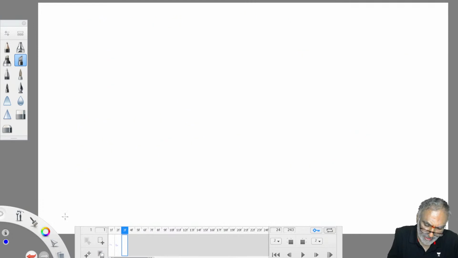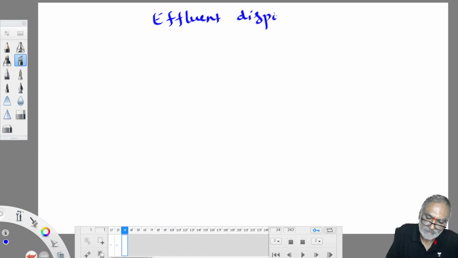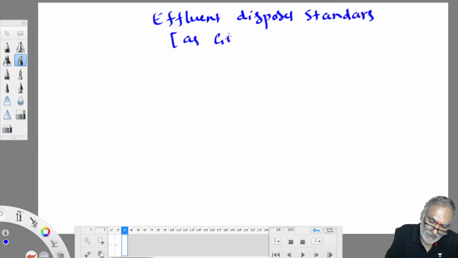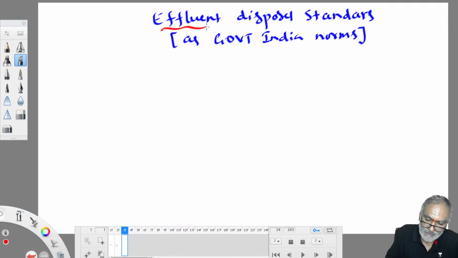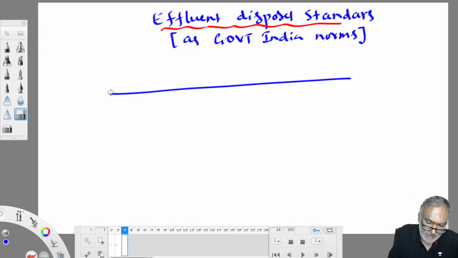So we have effluent disposal standards set by Government of India for disposal into a water course. Four parameters need to be cross-checked and verified prior to disposal.